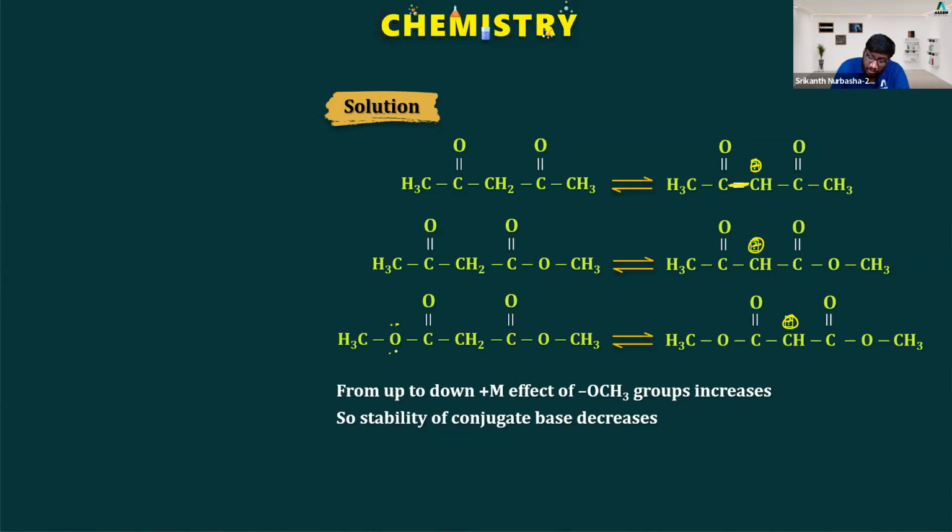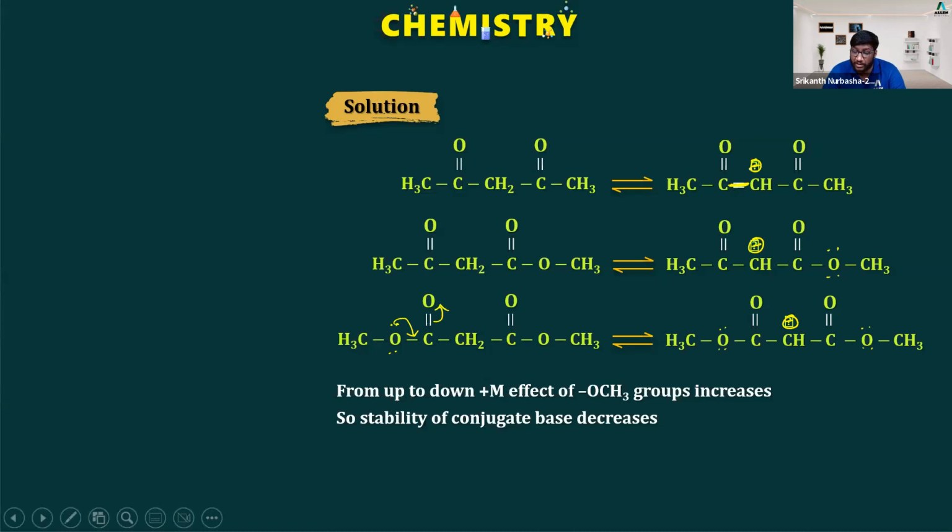Because lone pair of electrons on oxygen are present. The lone pair comes into the C double bond pi electron and moves away. So if lone pair of electrons on oxygen are there from two sides, and only from one side in the second molecule, and in the third there is no lone pair on oxygen in resonance with C double bond O, where is the negative charge on carbon more stabilized?